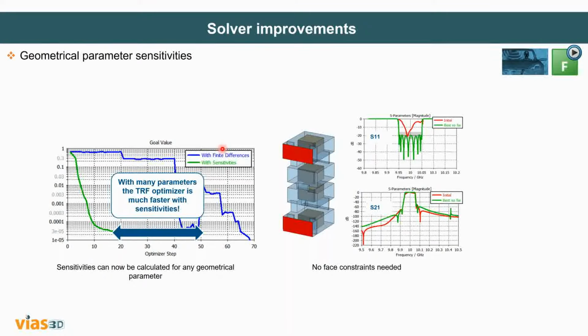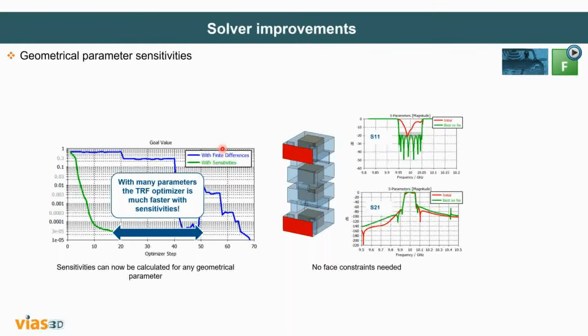Then to complement this, another long standing wish has been realized, and that is to have sensitivities calculated for any geometrical parameters. This means that you no longer need to go through the tedious process of defining phase constraints.